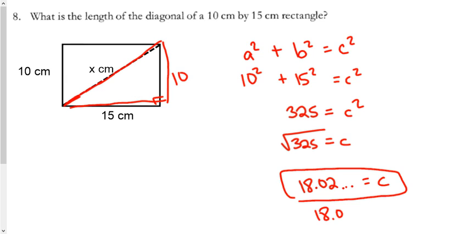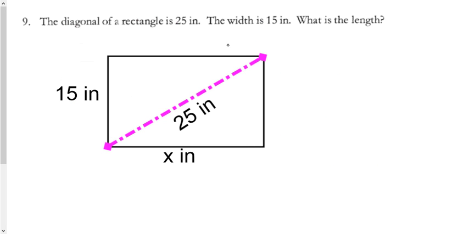Okay. Next problem, number 9, the diagonal of this rectangle is a 15 by 25. So really it's almost the exact same thing, but the difference is this time they gave us the hypotenuse and one leg. So the setup looks like this.